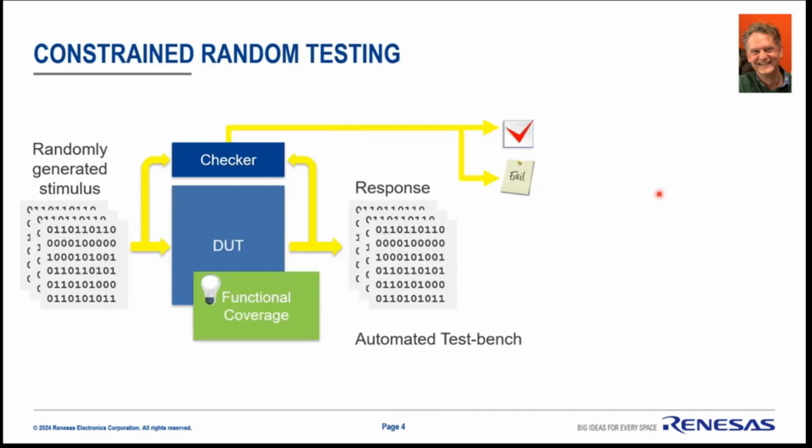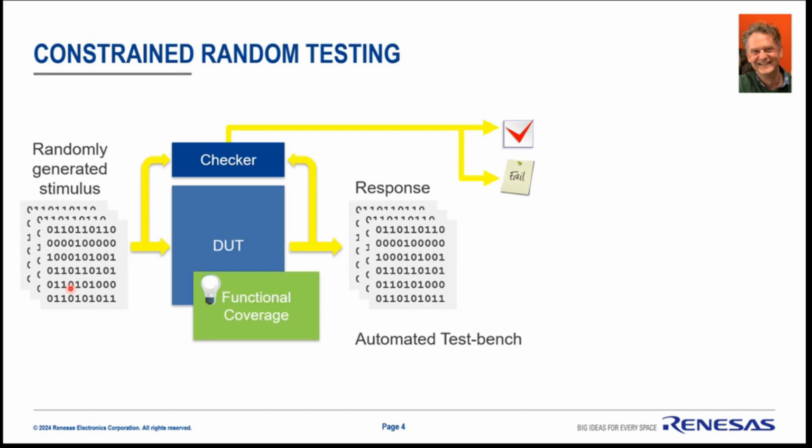So if we look at the setup that you might find in a constrained random test bench, we'll have some method of generating random stimulus. Of course, this is not completely random. That would be quite useless. It'd have to be sensibly constrained, but in essence, it's random.